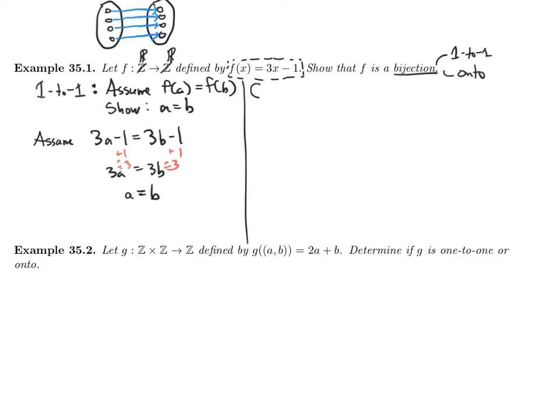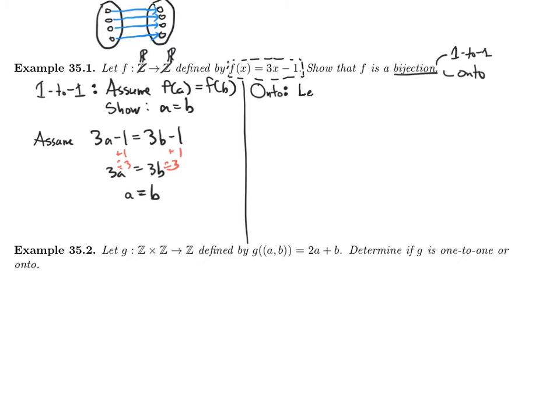Now for onto, we want to show that for any value in our codomain, let's call that value b, there is some a such that if I plug in a, I get b. So let's choose an element in our codomain.